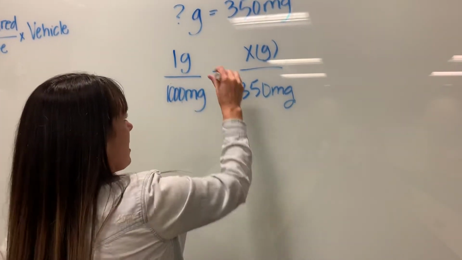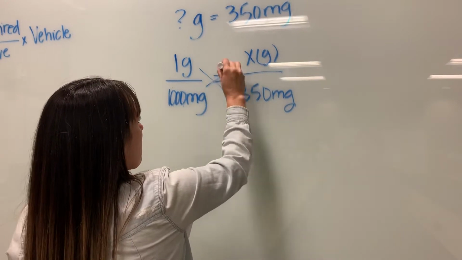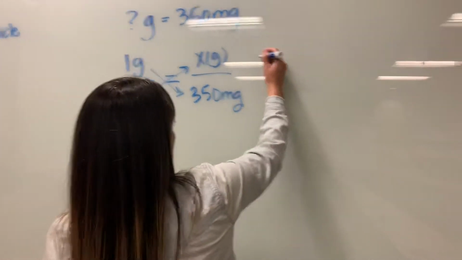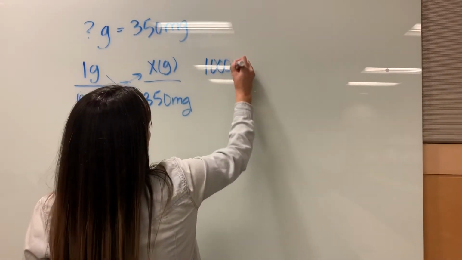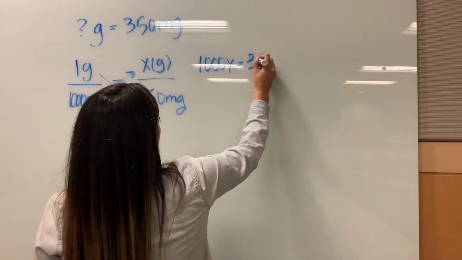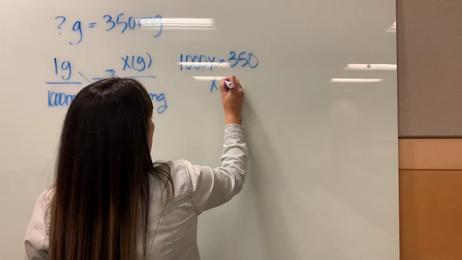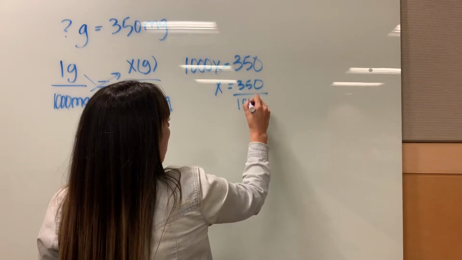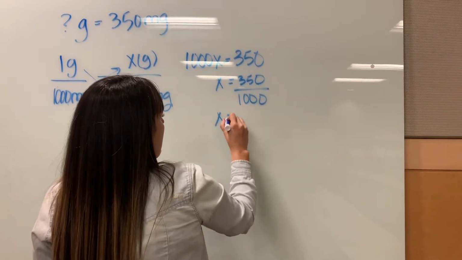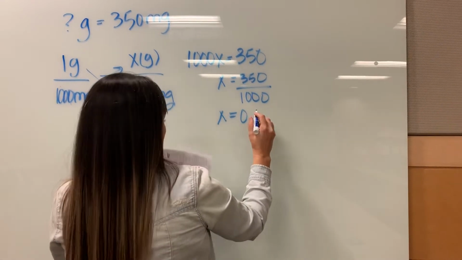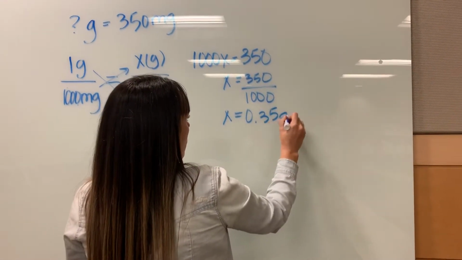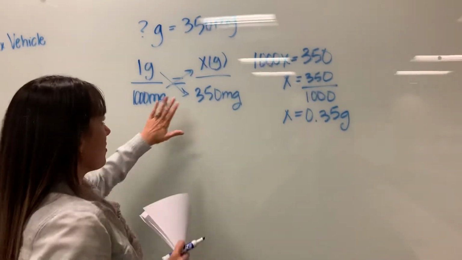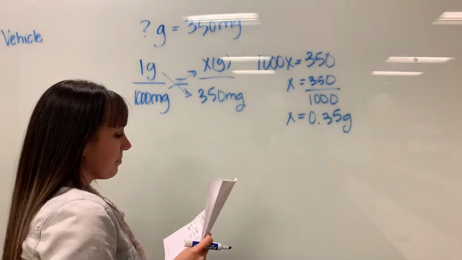Now when you have a ratio method, you're going to cross multiply. If I do that, you get 1,000X equals 350. Then if you divide 350 by 1,000, you're going to get 0.35 grams. So that's how to do that with the ratio method.